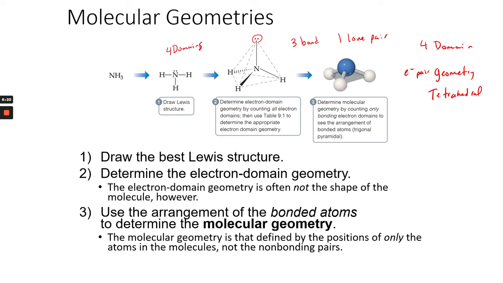When you physically look at the molecule, it's like putting your finger over the lone pair. You don't see it. Do you see a lone pair sitting here? No, because it's not bonded to anything. So the actual molecular geometry is what you see, and in this case, it's called trigonal pyramidal.